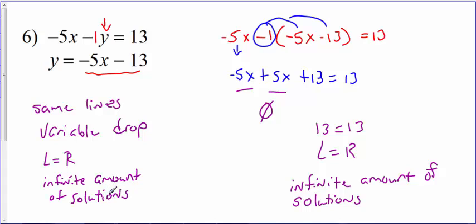So to summarize the two examples that we had, in these two examples, our variables dropped and we saw solutions that were no solution and solutions that were an infinite amount of solutions. And that's all dependent upon what numbers are left and comparing those numbers.